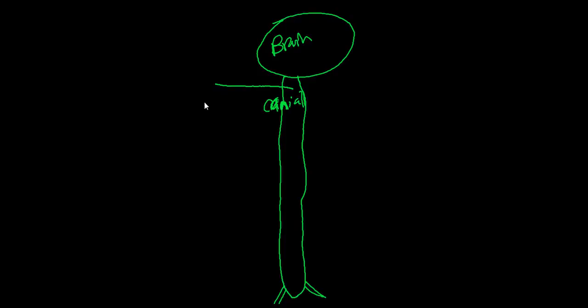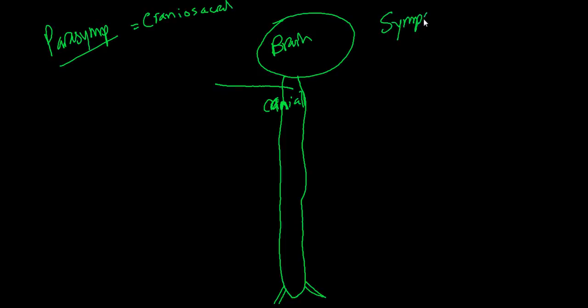Now we've got nerves coming out here, and this is going to be our parasympathetic nerves. So if you've heard before, parasympathetic are going to be craniosacral, while our sympathetics are going to be, wait for it, thoracolumbar.